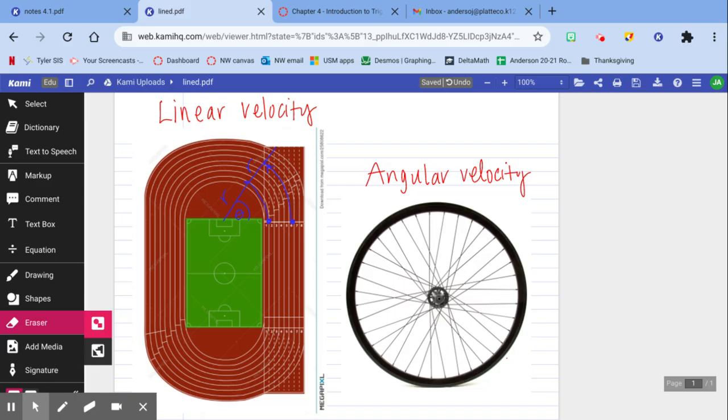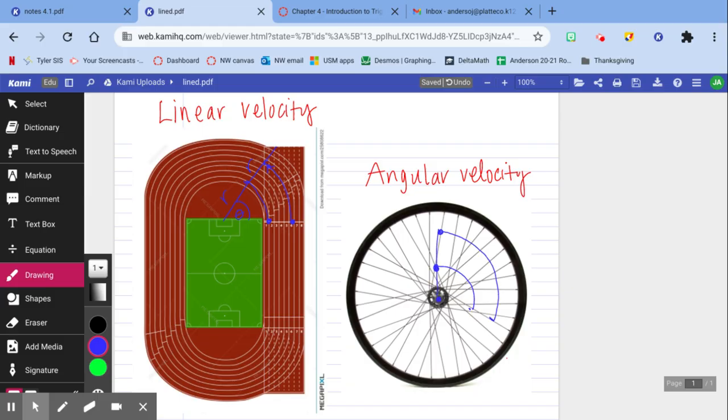When I think about angular velocity, back in the day you used to have these little things that would attach to the spokes of your wheel. Let's line those up and say they're on the same line on this bike wheel. As these rotate around the bike wheel, they're starting here and they're going here.